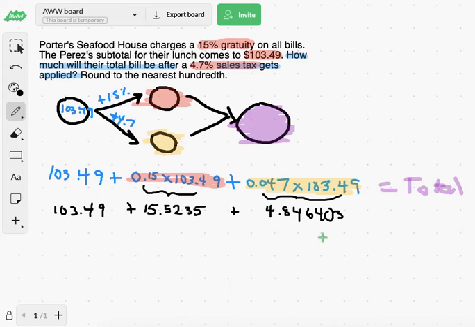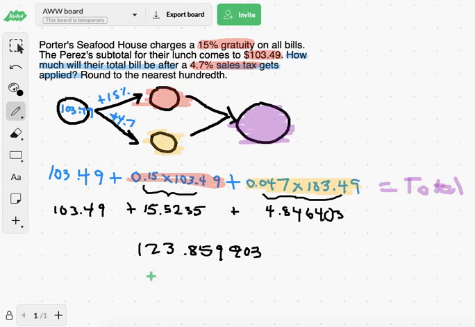Okay, so you add all of these things up: 103.49 plus 15.5235 plus 4.846403. That gives you a grand total of 123.859903.